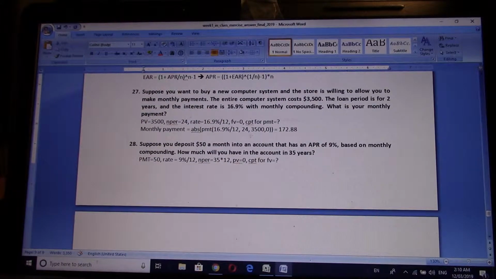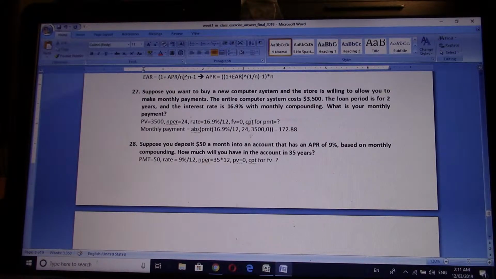27. Suppose you want to buy a new computer system and the store is willing to allow you to make monthly payments. The entire computer cost is $3,500. The loan period is for 2 years. Interest rate is 16.9% with monthly compounding. What is your monthly payment? So this is just similar to the other questions we've done earlier.